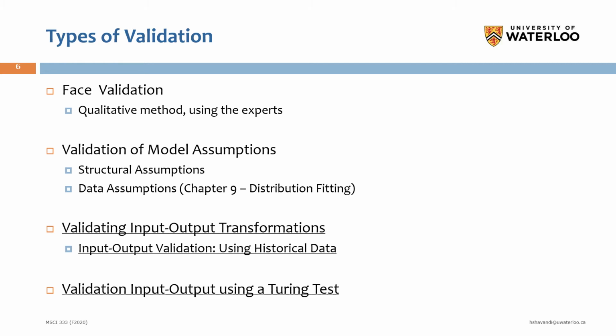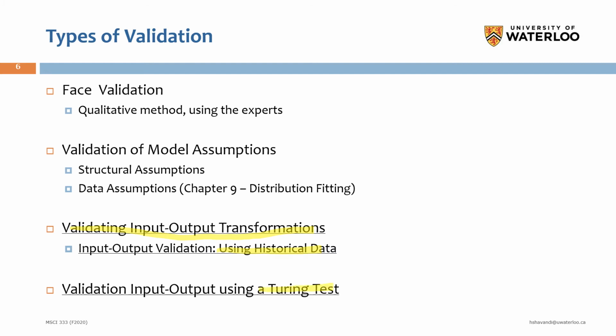And then we have objective validation. Here we have validating input-output transformation. Here we use historical data, I mean input and output in the real system. We feed the input data into our simulation model, and we expect the output from the simulation model to be consistent with the output in the real system. And also we can use validation of output using a Turing test.